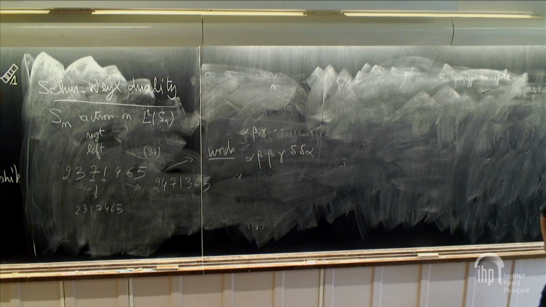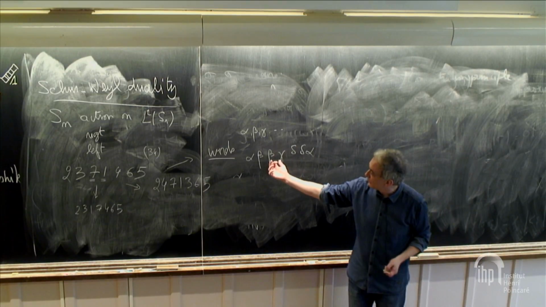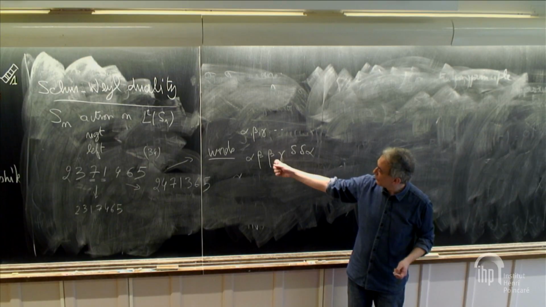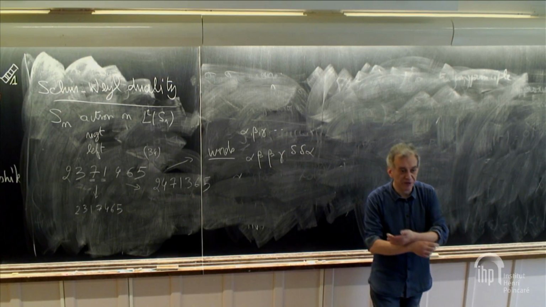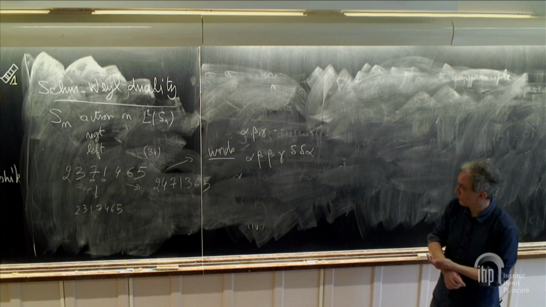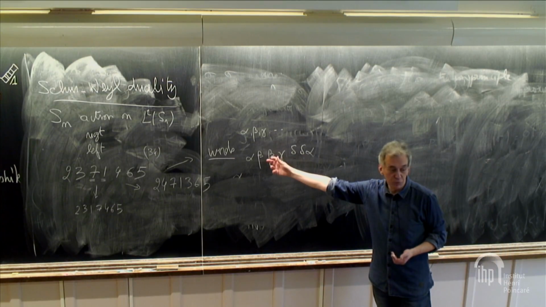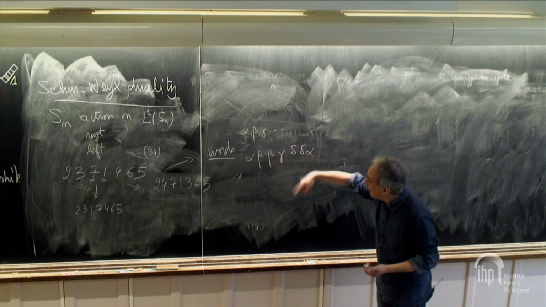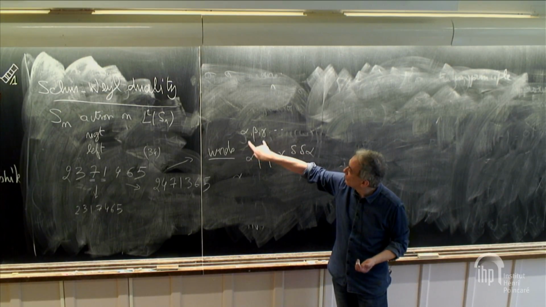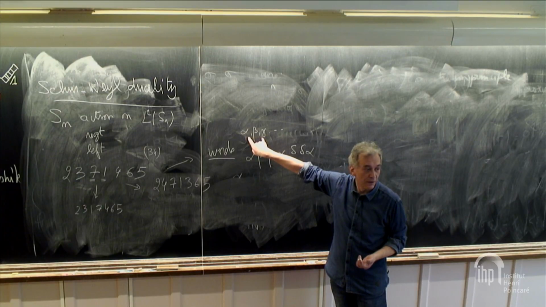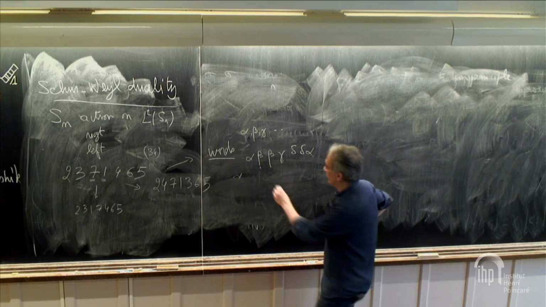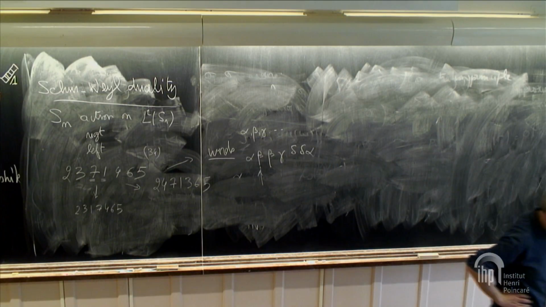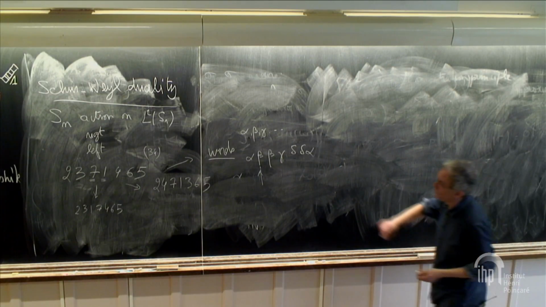Then I can permute the letters, so I have an action of the symmetric group by permuting the letters of the word. And if I have some group which acts on the letters, I can on each place replace each letter by some other letter.